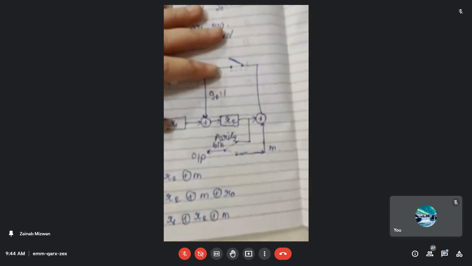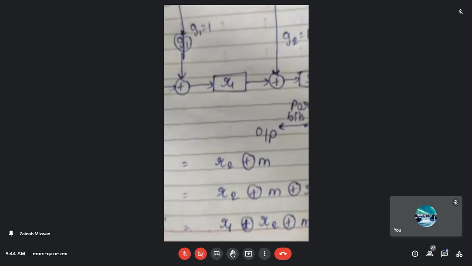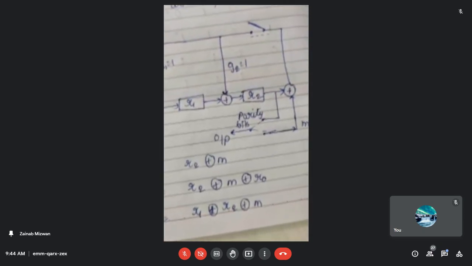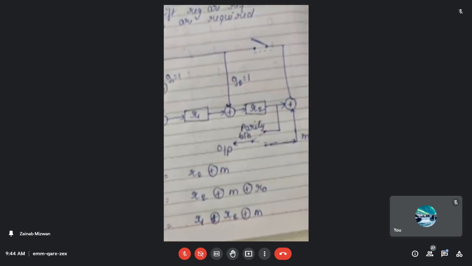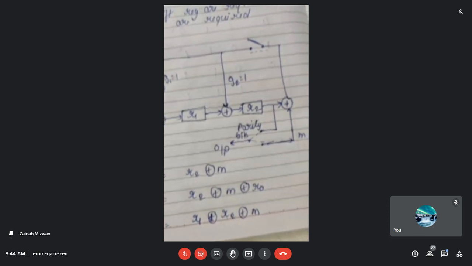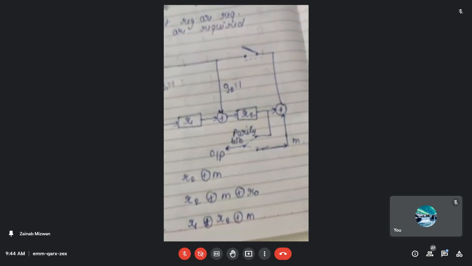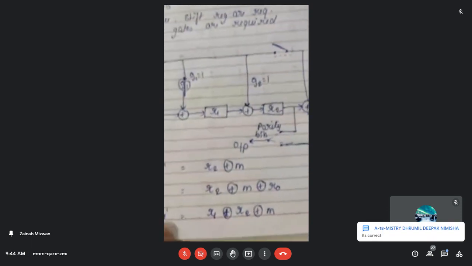What will it be here? The equation which I have written, is it right or wrong? Okay, so this is the equation for R2 dash.